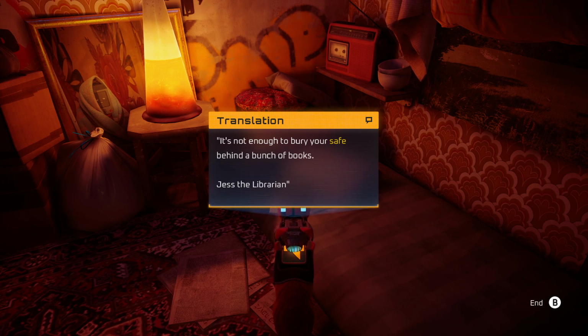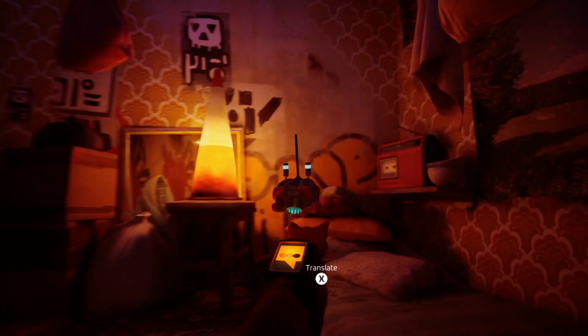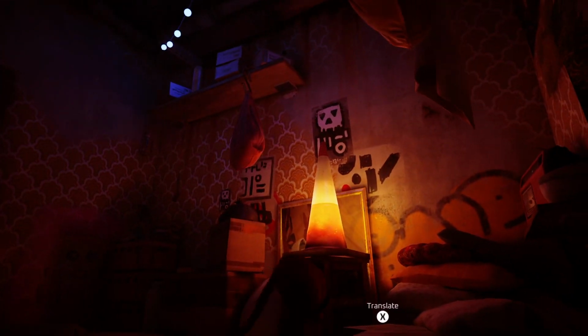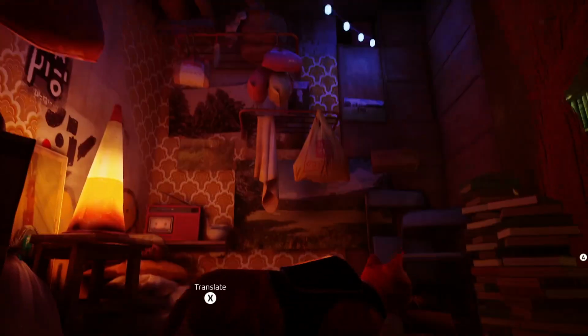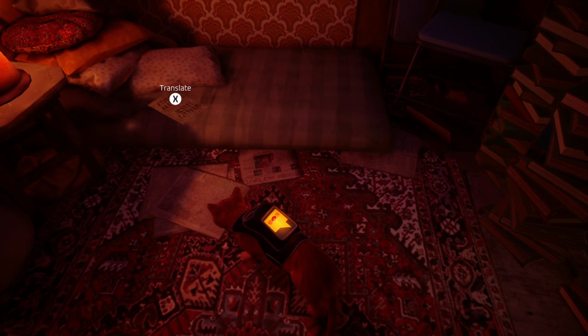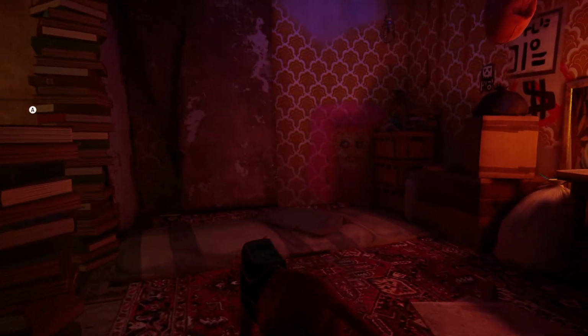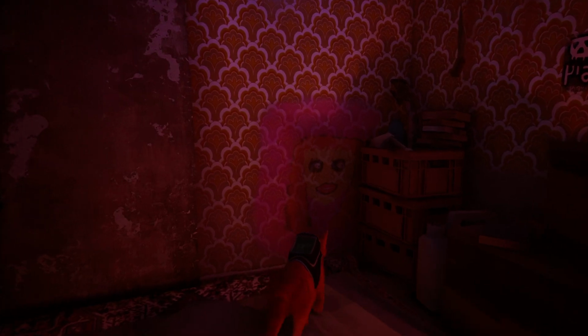It's not enough to bury your safe behind a bunch of books. So the clue there is a safe buried behind a bunch of books. I'll have to keep my eyes open for that.